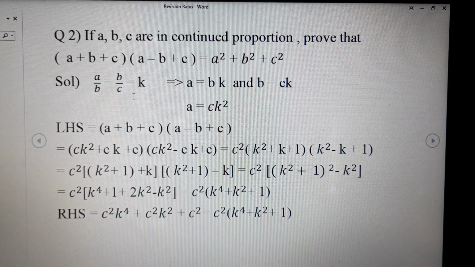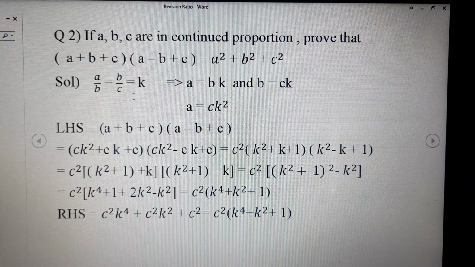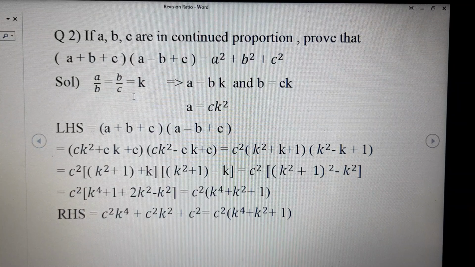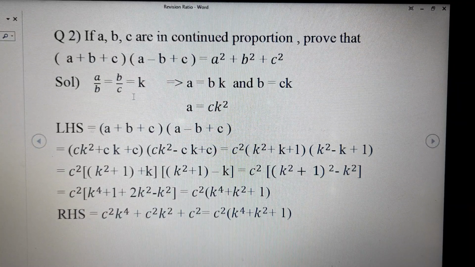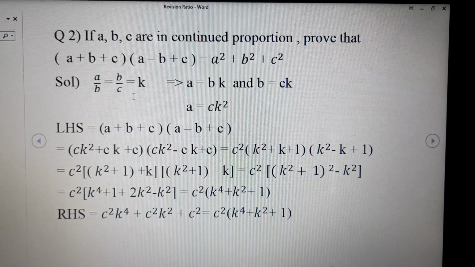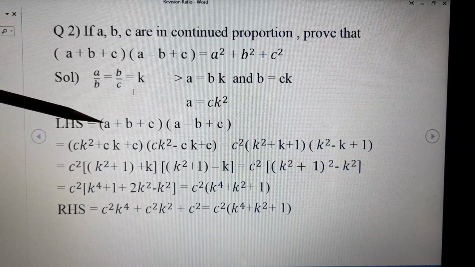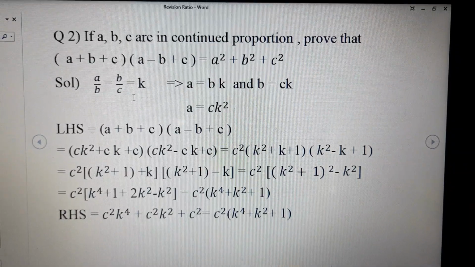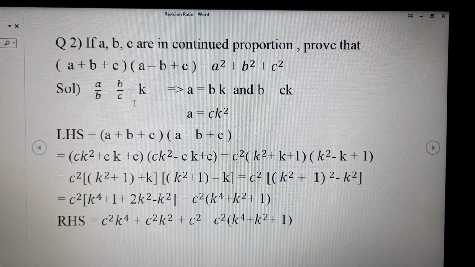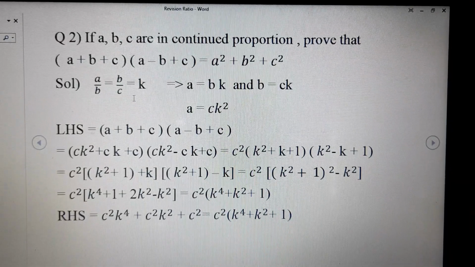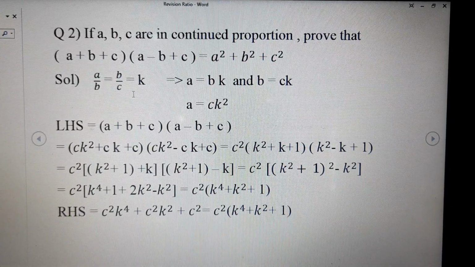Now we'll be replacing a by ck square and b by ck, so everywhere we'll have c and k. Are you getting it? Then it will be easy for us to simplify it.